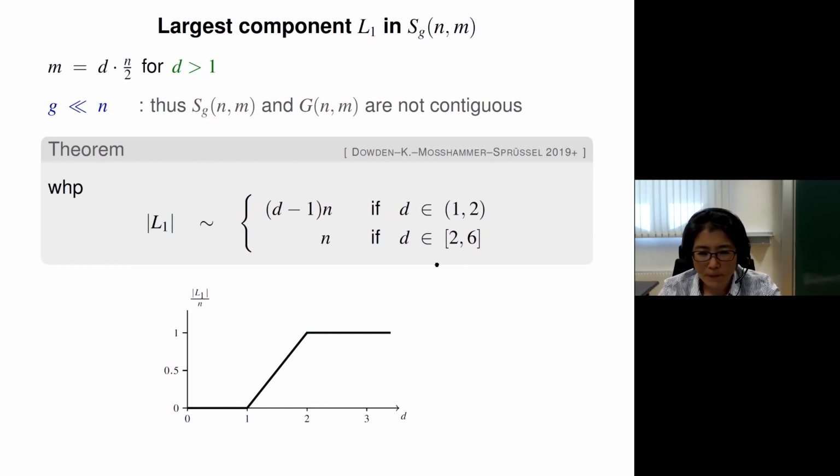It's really hard work. We could also show that the order of the giant component behaves like the order of the giant component in the planar graph. Namely, it has 2 critical points when the average degree is 1 and 2, and in between we have this nice linear curve, with slope t minus 1. This is the picture that I want to show you.